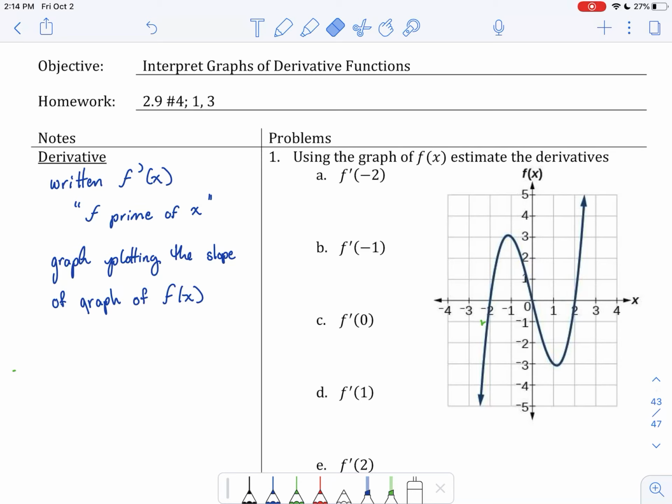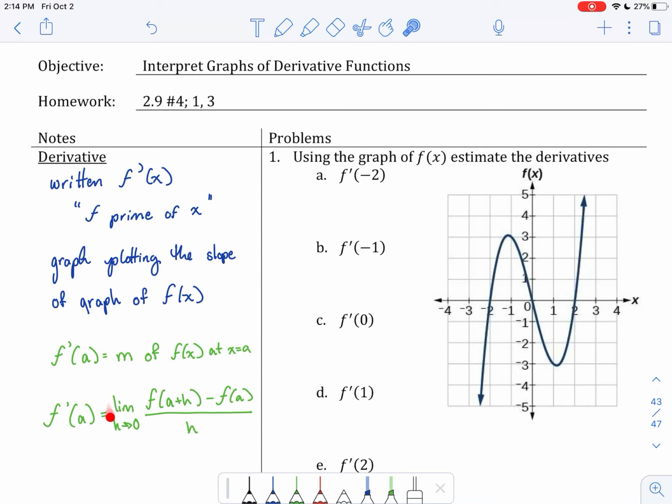Now, we've seen this idea before. So the idea is that f prime of a is equal to the slope of f of x at x equals a. So f prime is equal to this limit formula that we have here of the slope of a function.